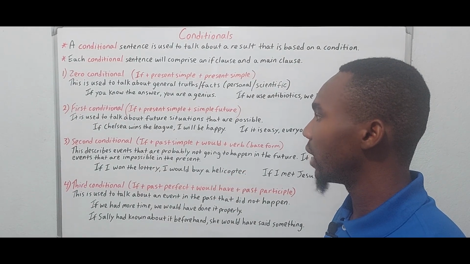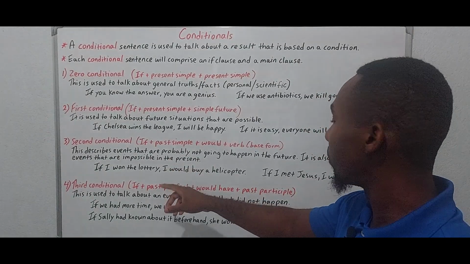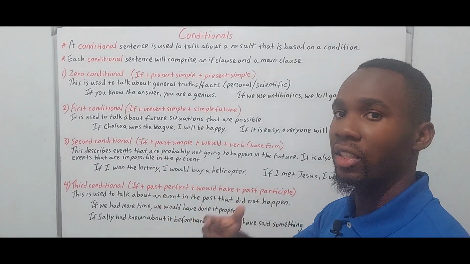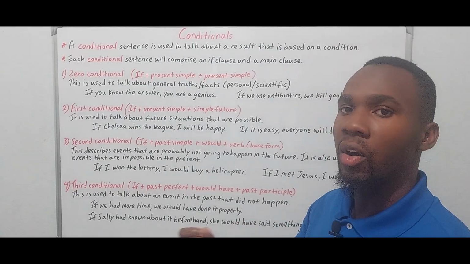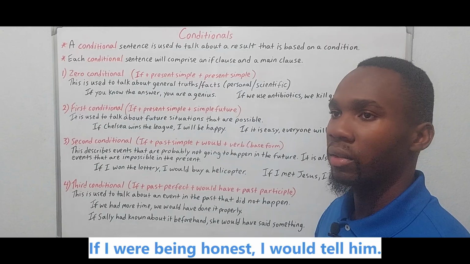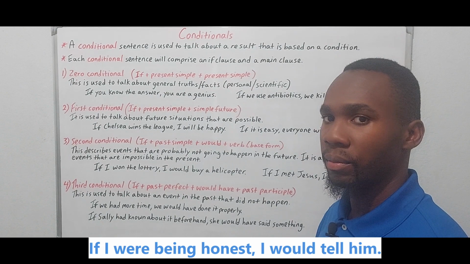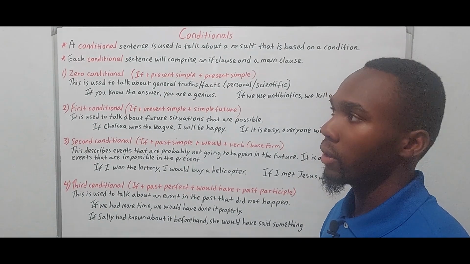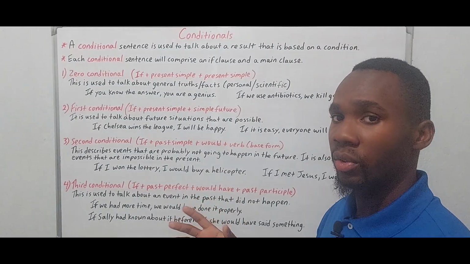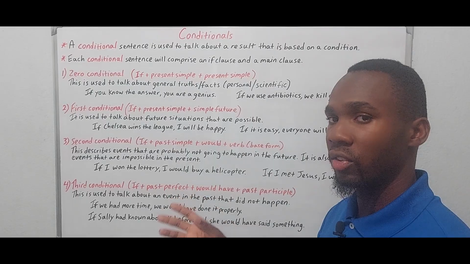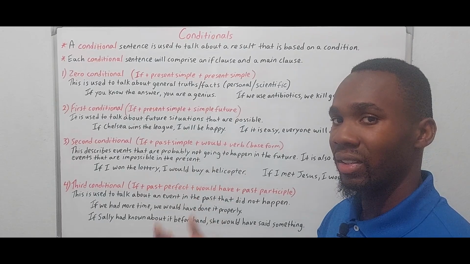Another point on the second conditional is that we can use the continuous form to talk about the condition. In that case, we would use the past continuous. If I were being honest, I would tell him. Okay? That is an example of the past continuous being used with the condition. It can also be used for the result.